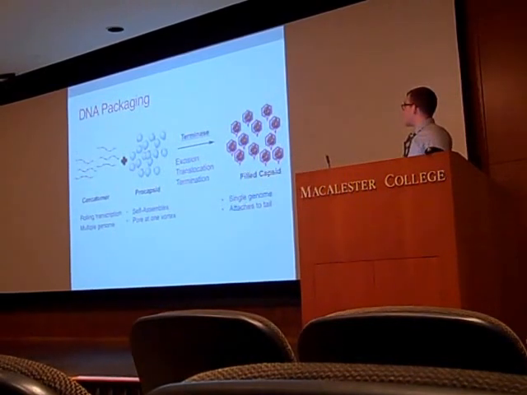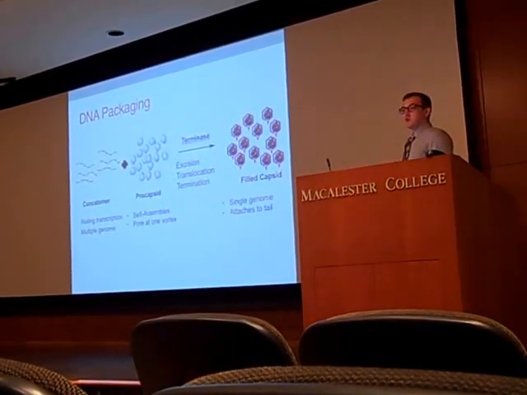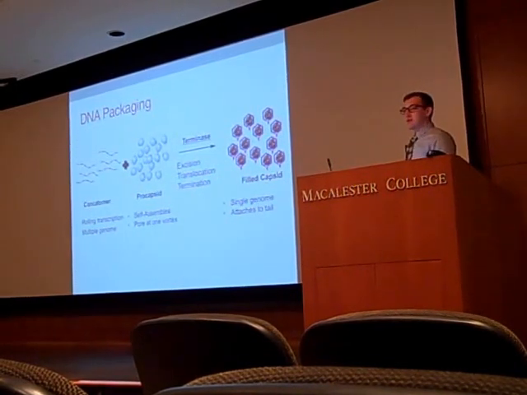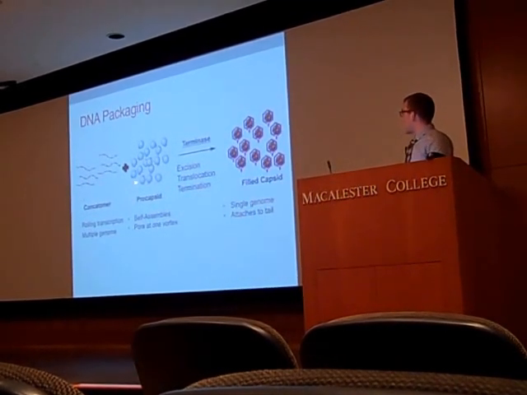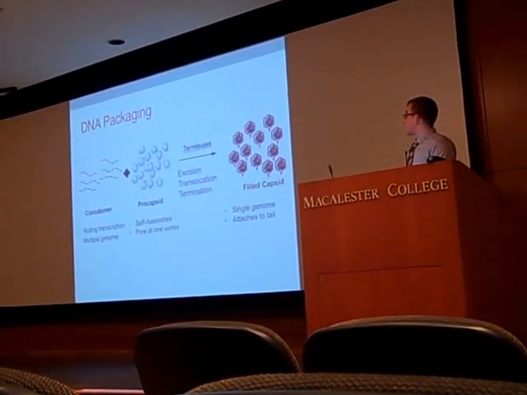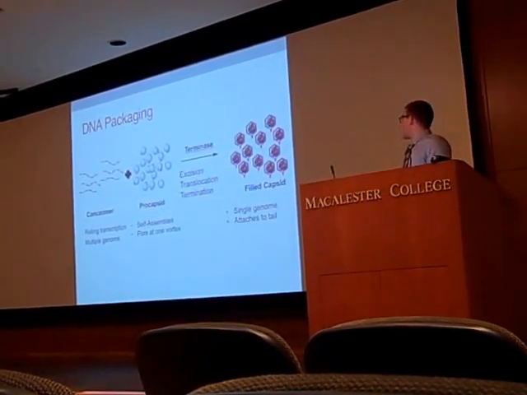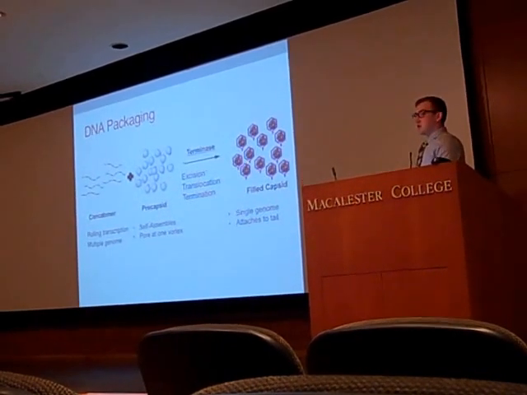This DNA is packaged into a procapsid, which is a dodecameric hollow structure that assembles from viral proteins in the cytosol. At one of its 12 vertices, it has an opening known as the pore or portal, through which DNA enters during packaging. Once the capsid has been filled, it contains a single genome and is ready to attach to the assembled tail.